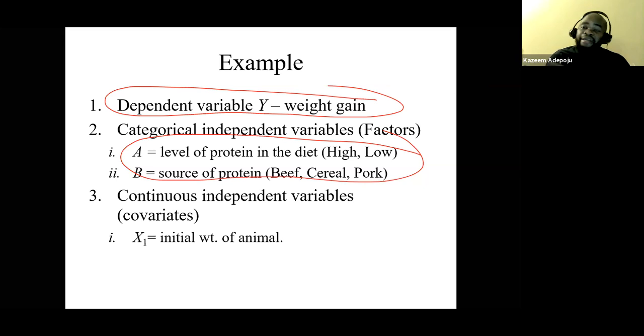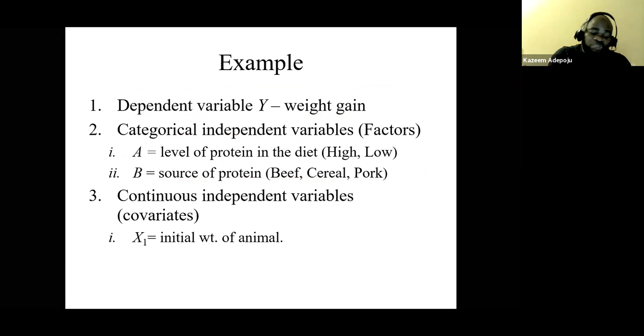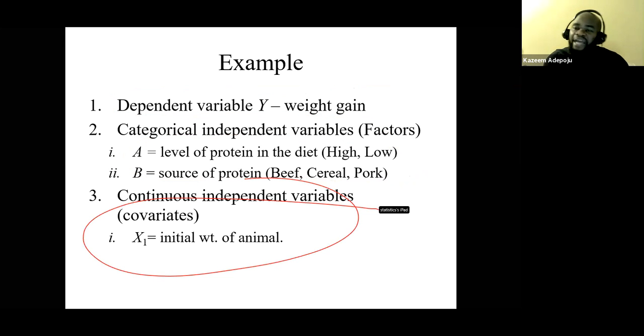And factor B is the source of protein, which has three levels. It could be beef, cereal, or pork. And the covariate is this one here, which is the initial weight of the animal, before we assign them to these two factors.